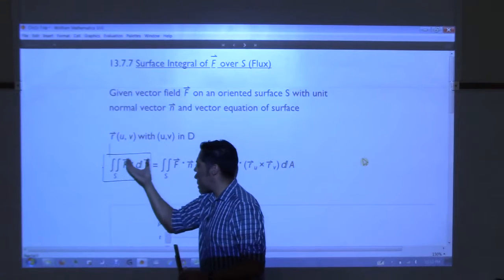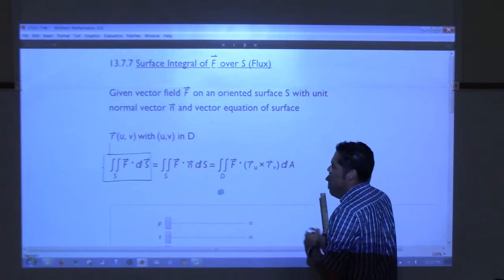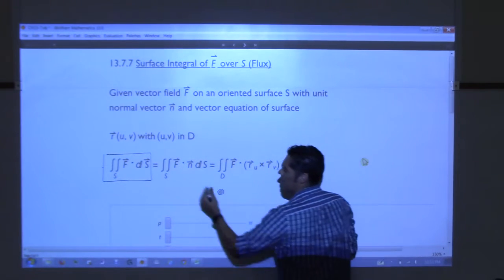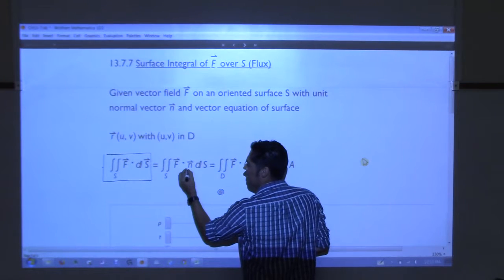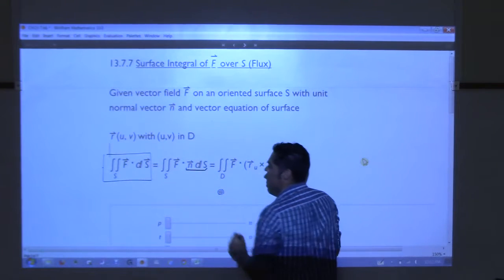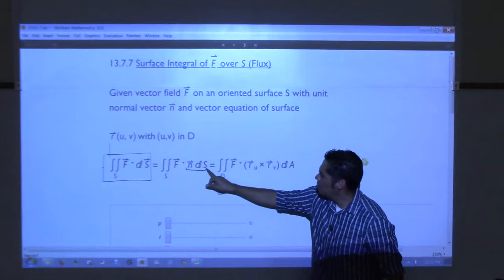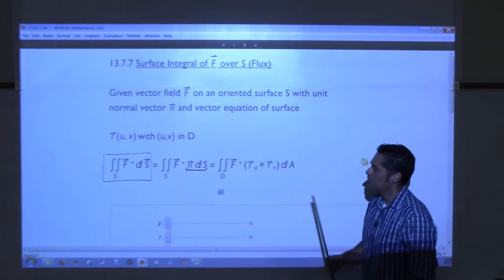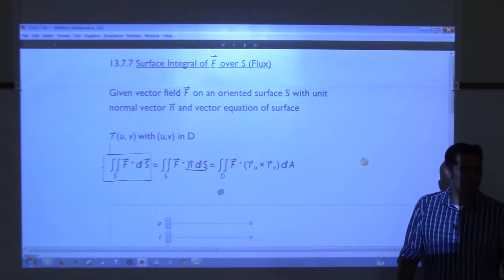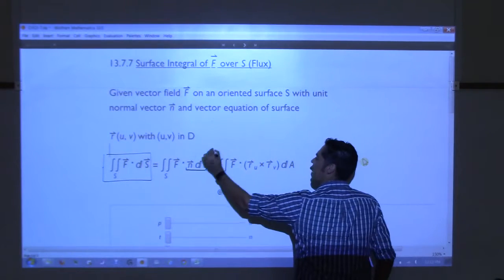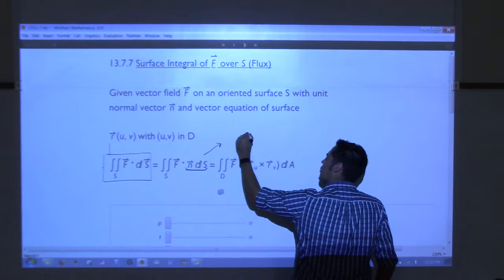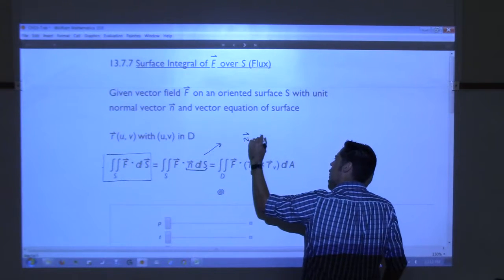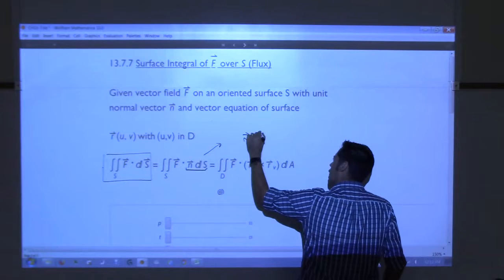Now, what does this mean? Well, here's what it means. We're going to take the vector field and dot it with N dS. Oh, whoa, what just happened? What's dS, capital S, without the vector on top of it? That was surface area, right? So isn't this really saying normal vector times, what was that surface area?